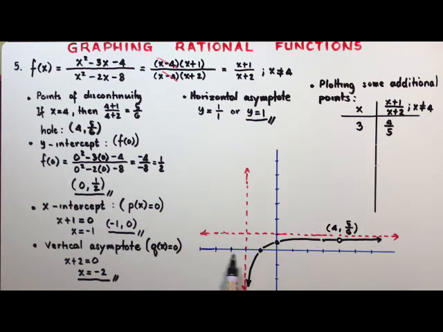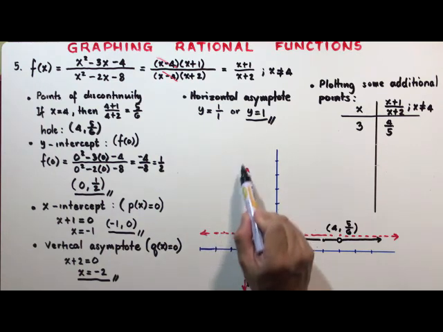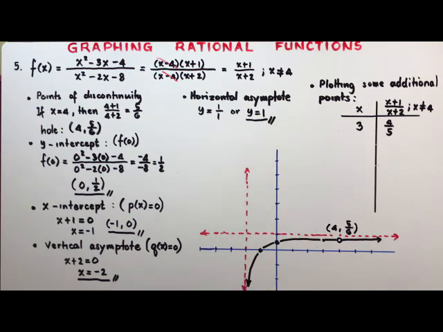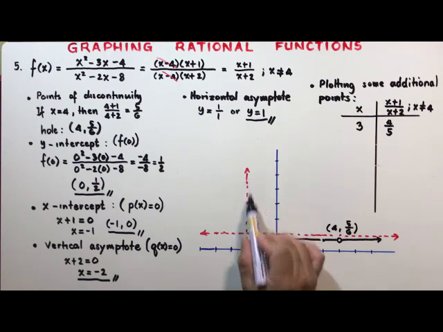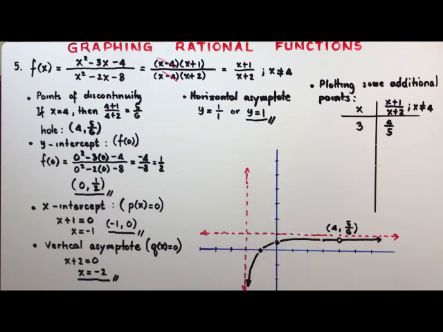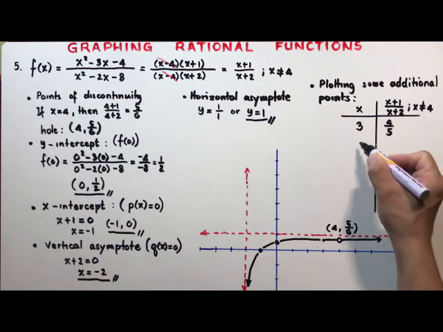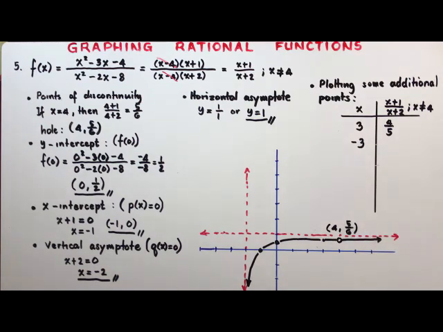But I don't know at the left of this vertical line whether the graph is up here or down here. So let's try some values to the left of this vertical line, x equals negative 2. So let's try, say, negative 3. Where is the function at negative 3?